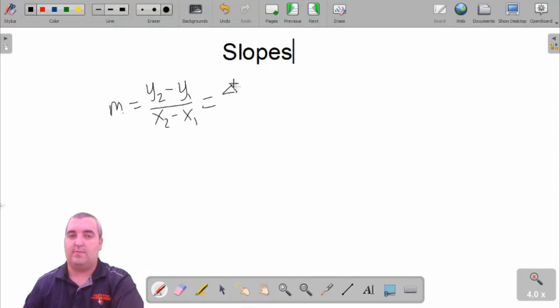In math, and actually science as well, we use delta, the little triangle symbol, to mean change. So this is saying delta y, the change in y, over the change in x, so delta x.